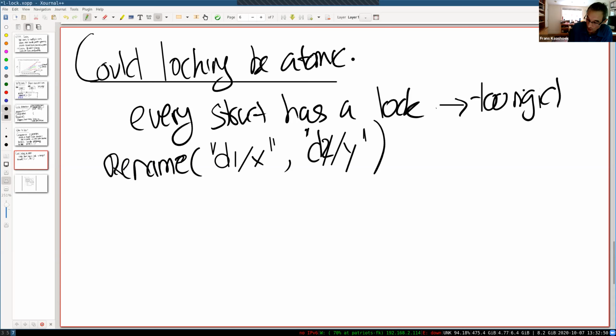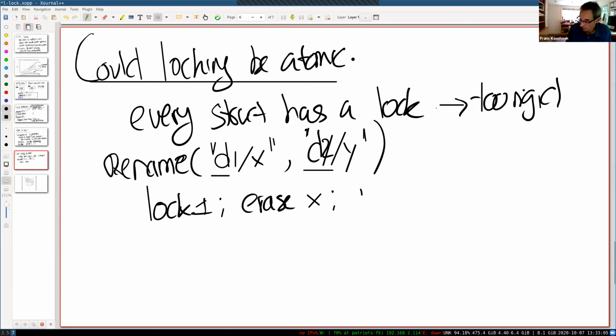we have two objects, D1 and D2, right? So if we follow the automatic rule, then we lock D1, erase X, and release the lock for D1.